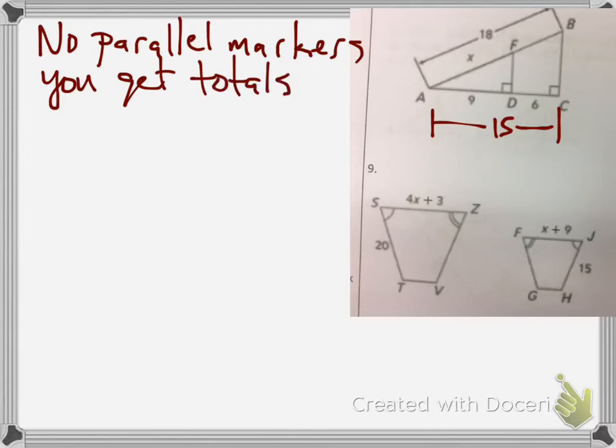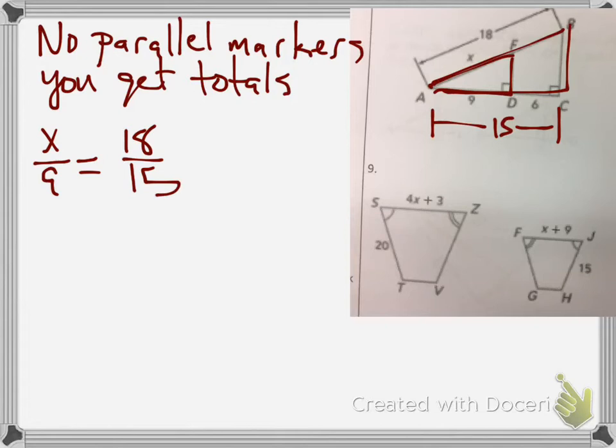So here, really what I have is, in the small triangle, X and 9, and in the large triangle, I've got 18 and 15. I got the 15 by adding 9 and 6. I can cross multiply and get 15x is equal to 162, because 9 times 18 should be 162.